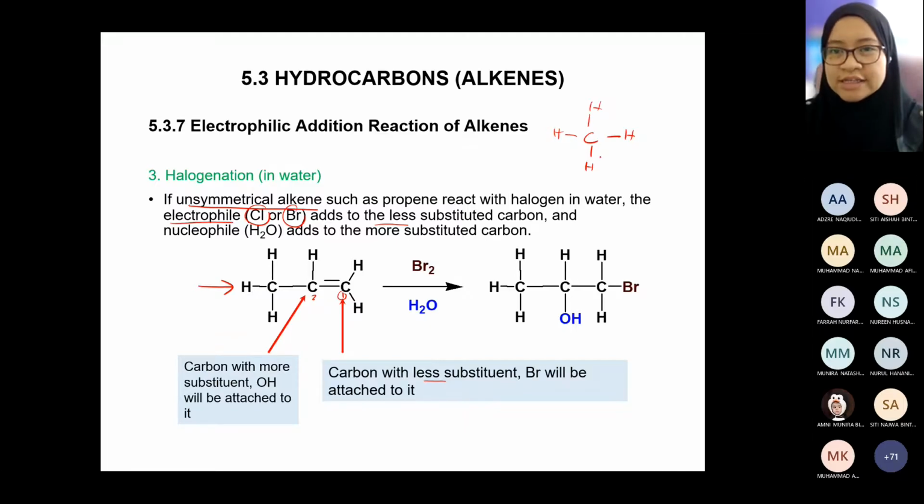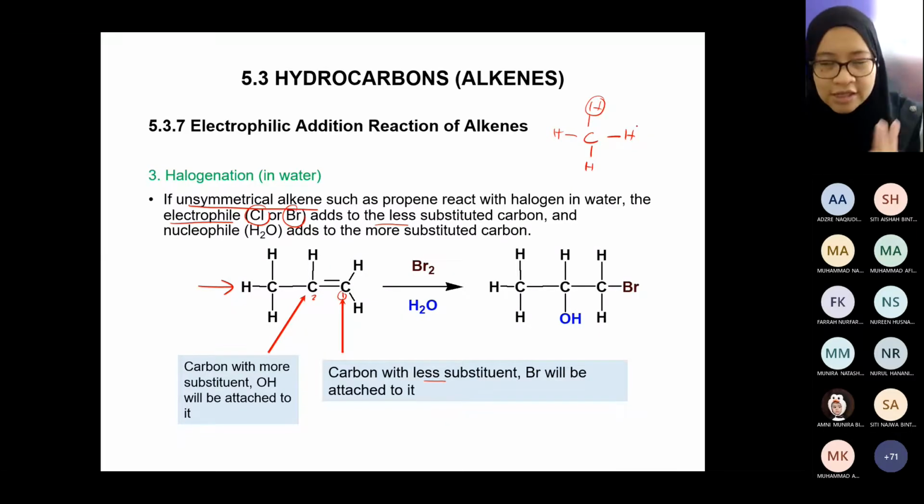Okay, so initially we have all hydrogen. So when this hydrogen is being replaced, this is what we call less substituted. Sebab dia punya asal dia tu memang hydrogen. Okay, when we replace this hydrogen with something else, that is what we call dah disubstitute.